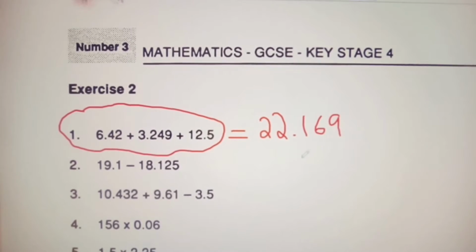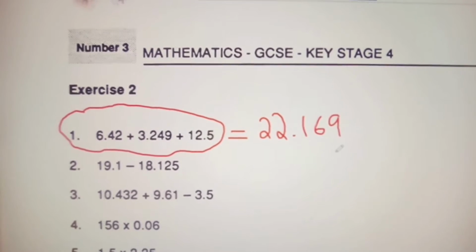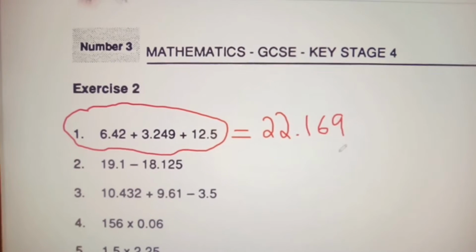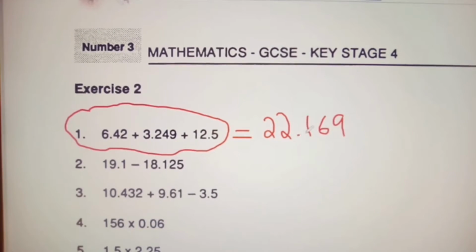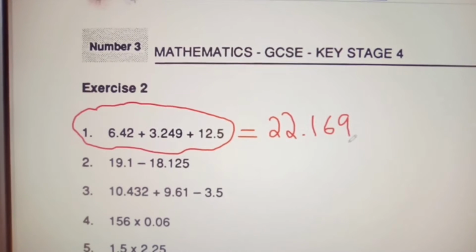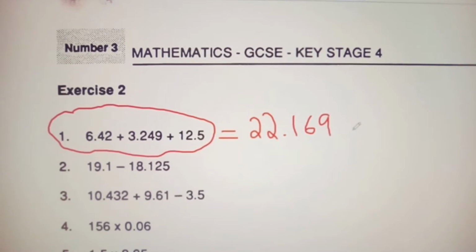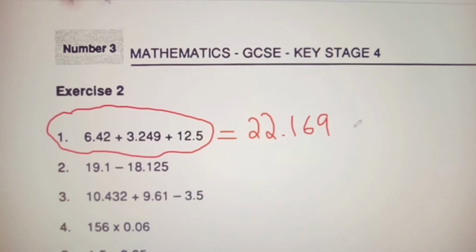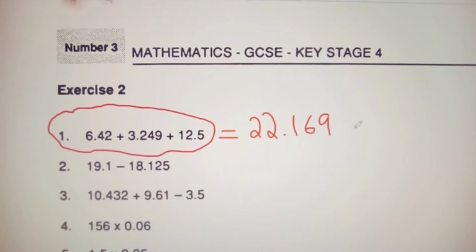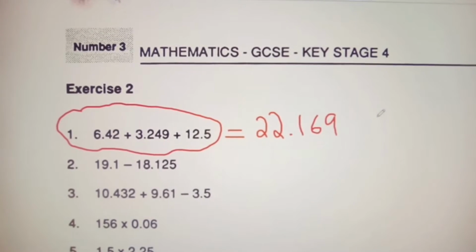Now if we were rounding up, which we normally would if it exceeds 5, this would then become 22.17. And I'm going to put the 22.17 in brackets, just to show that that could have been the case.